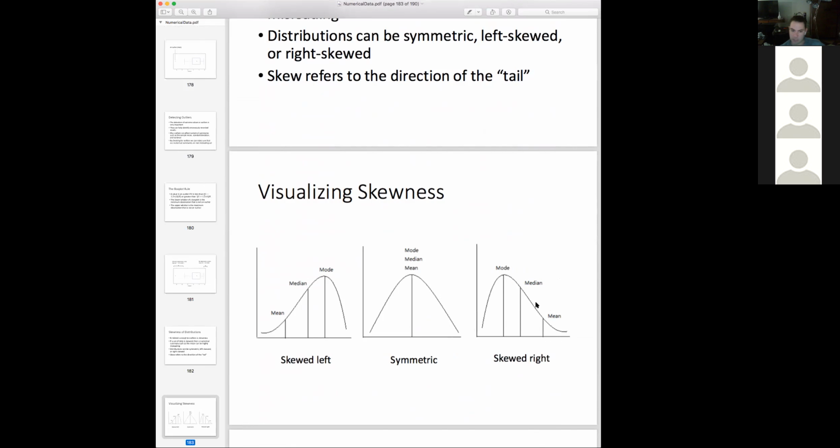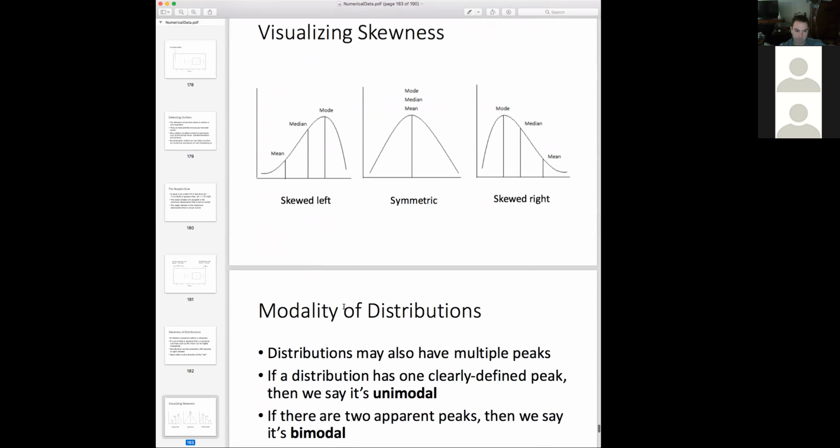That's representative of skewed right data. If you have the mean being less than the median, that's representative of skewed left data. And here is where the mode is, the most commonly occurring value in the data set.